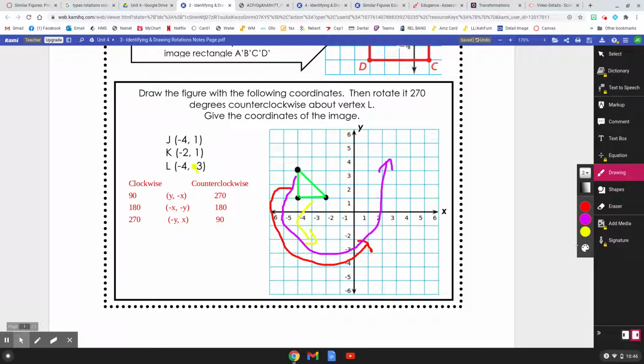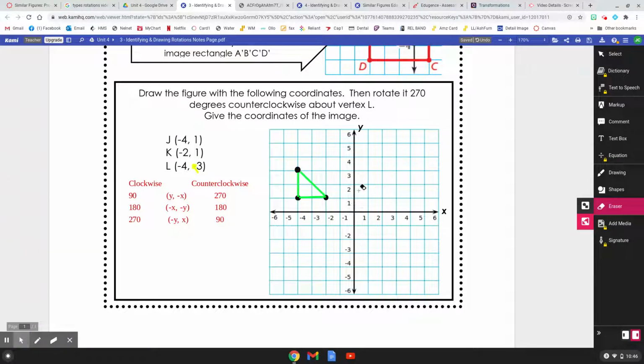So that is our 3 main types. We have 90, 180, and 270. And I always just pick your direction, which way you're going, and you have to go 90, 180, 270. Or counterclockwise, 90, 180, 270.